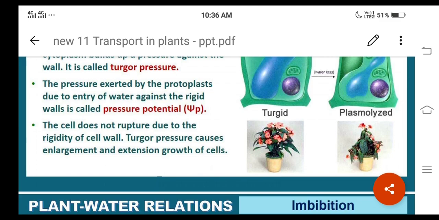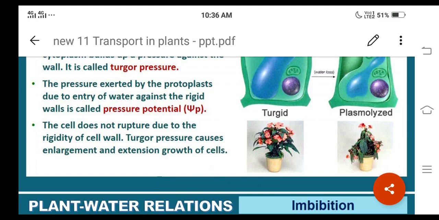And what is the importance of turgor pressure? If turgor pressure develops inside the cell, it causes enlargement and extension growth of the cells. This is the importance of turgor pressure, and this is the concept of plasmolysis.